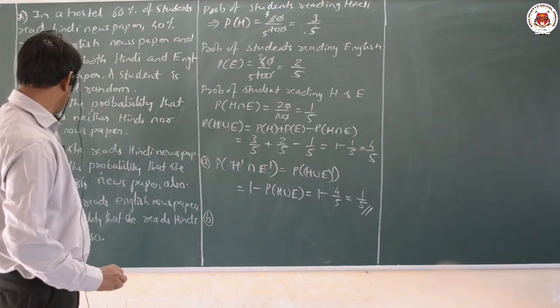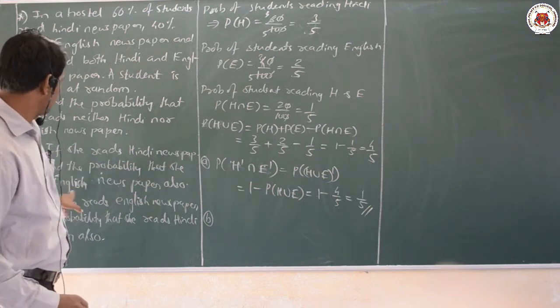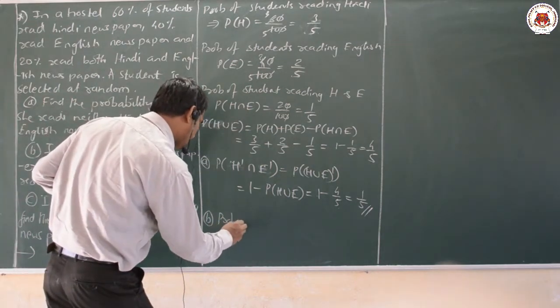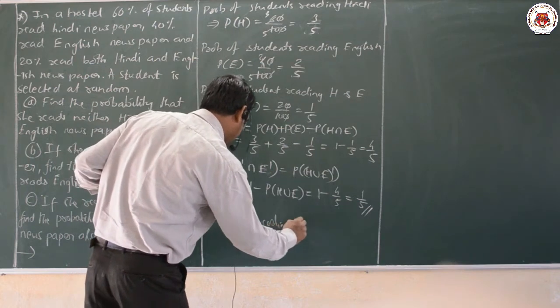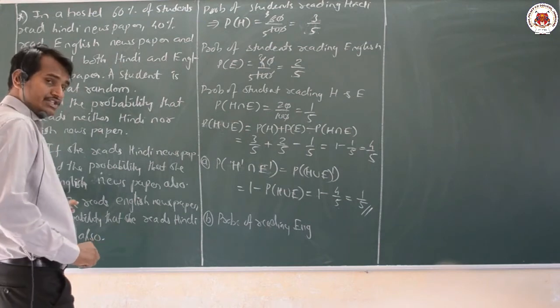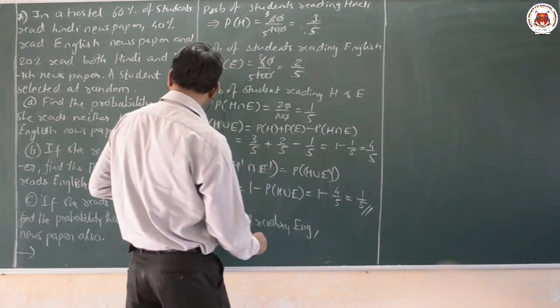Then the B part. If she reads Hindi newspaper, find the probability that she reads English newspaper also. So it is the probability that she reads English, given that she reads Hindi.